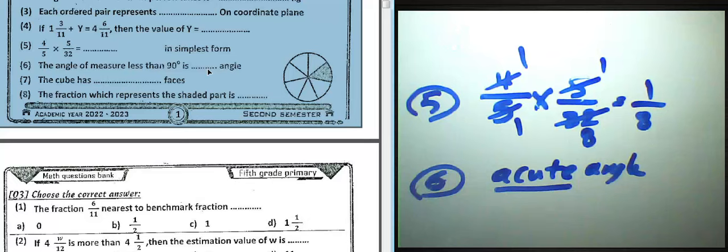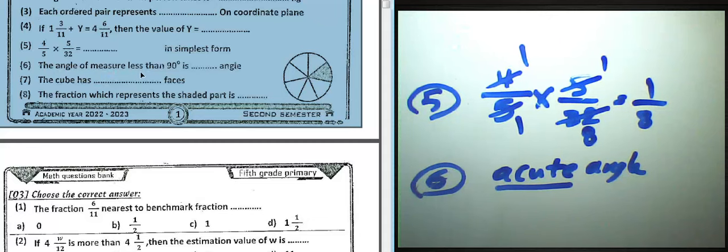But if he asks about an angle of measure greater than 90 degrees and less than 180 degrees, we call it an obtuse angle. If he asks about this word, cancel the words less than and write greater than or more than, we must write here obtuse angle, okay? Because the angle of measure is greater than 90 degrees and less than 180, we call it obtuse angle. But in this example, he asked about the angle of measure less than 90 degrees. We call it acute angle, right?